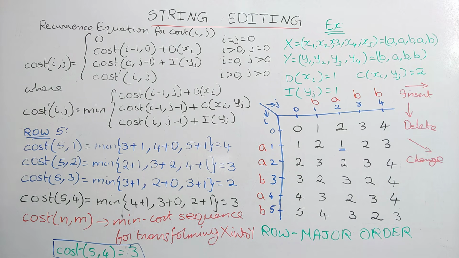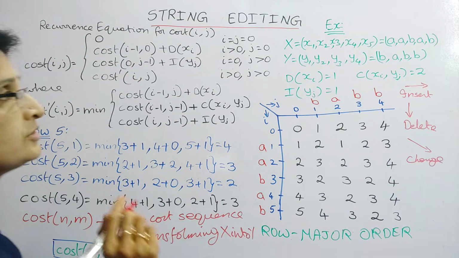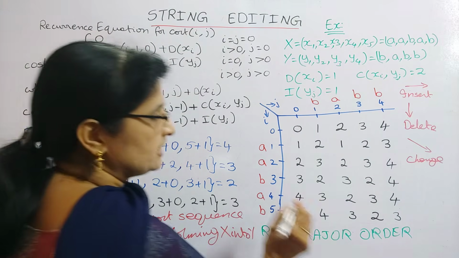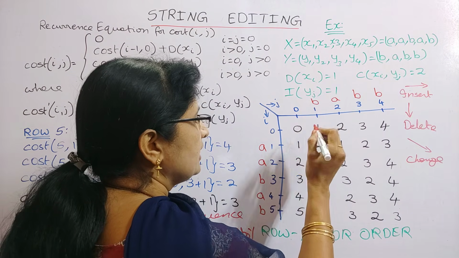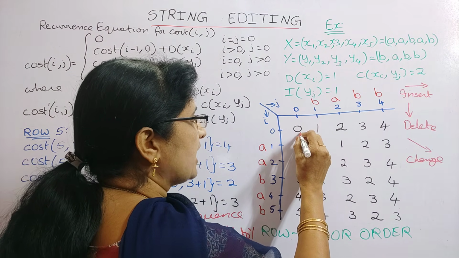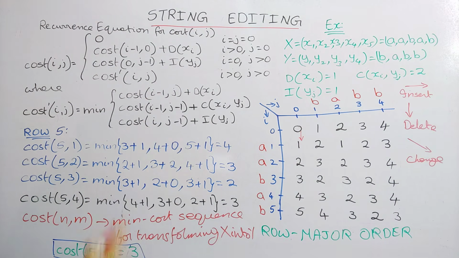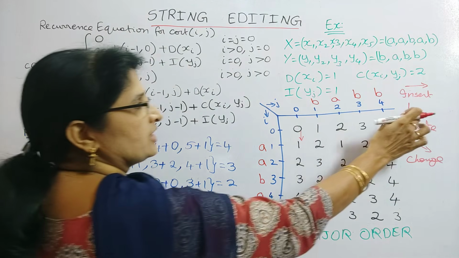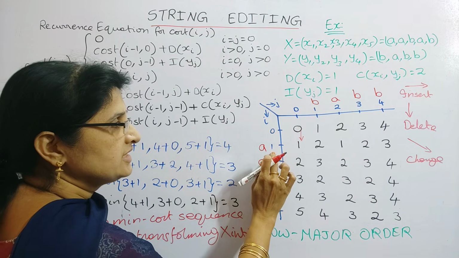Okay, so now suppose you take this example. First, what are the operations that have been done? Whenever the value changes, from 0 you have to start, so here one operation has been done. That means here it indicates that you have deleted the symbol x1. Down means delete. So you have deleted the first symbol, that is x1.